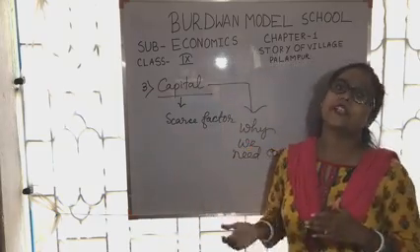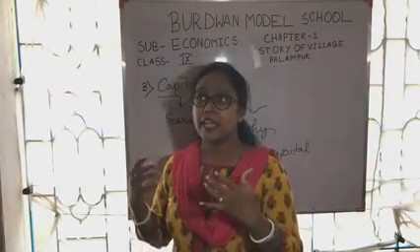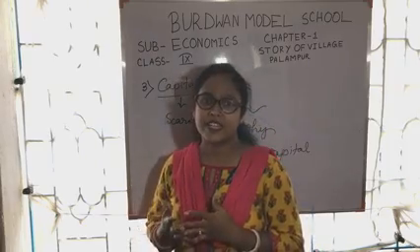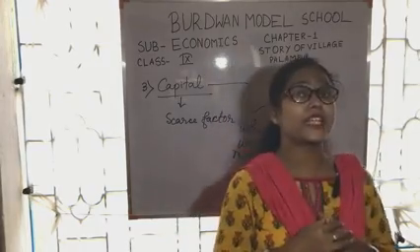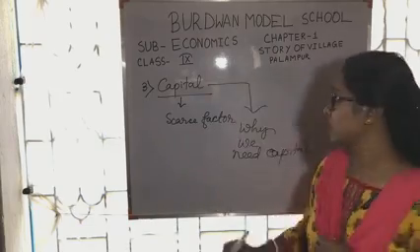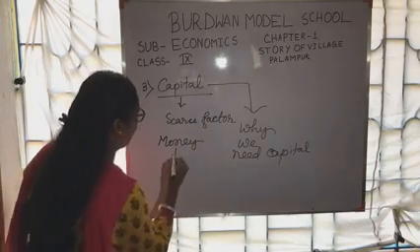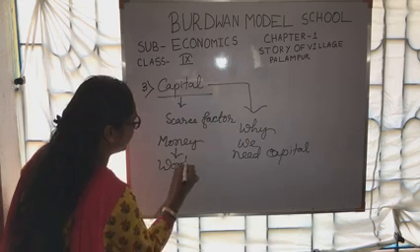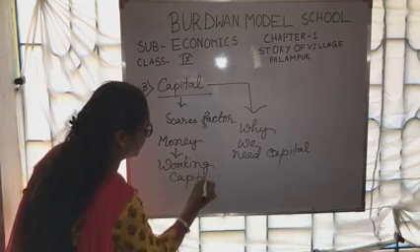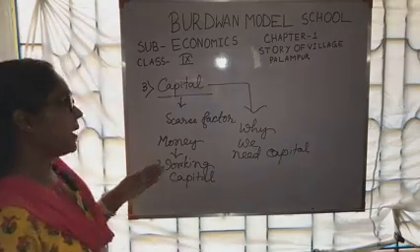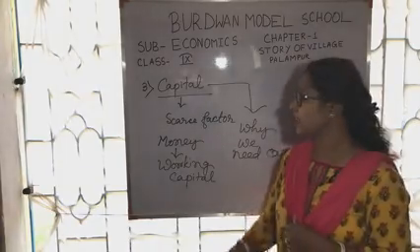When we introduce modern farming methods, we need HYV seeds, chemical fertilizers, and some instruments. For buying these things we need money, which is also called working capital.